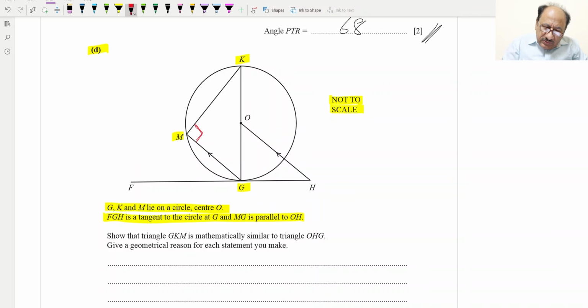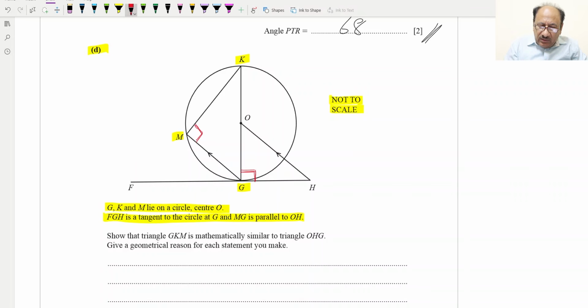Similarly, this one is a tangent, and this is a radius. The angle between radius and tangent is 90 degrees, so this angle will be 90 degrees.